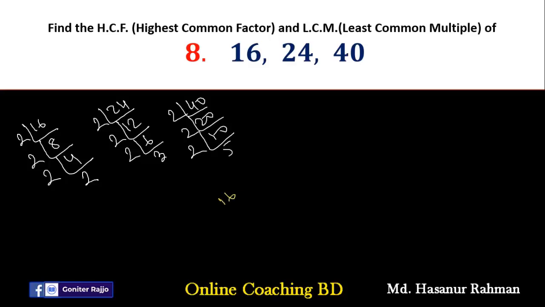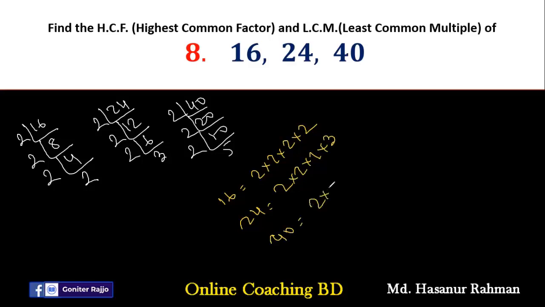Now we have to write. So 16 actually we can write as 2 multiplied by 2 multiplied by 2 multiplied by 2. What about 24? 24 we can write as 2 multiplied by 2 multiplied by 2 multiplied by 3. What about 40? We can write 2 multiplied by 2 multiplied by 2 multiplied by 5. Now look at this. We have to find out the common factor. Look, this 2 is common, this 2 is common, this 2 is common.